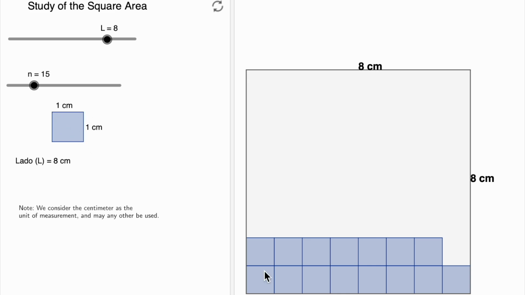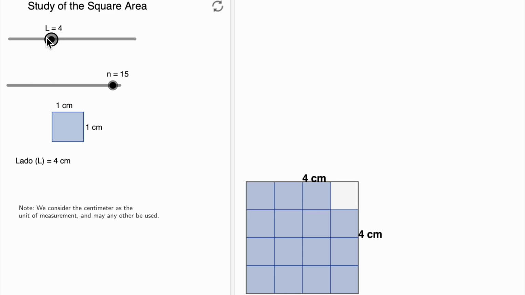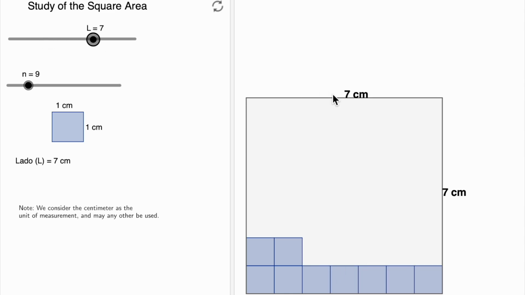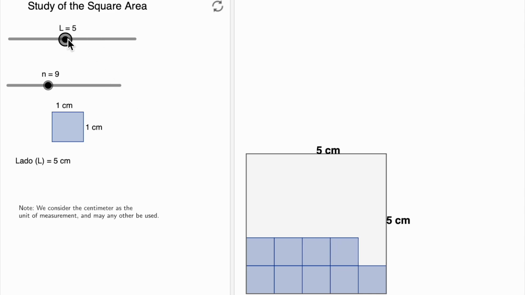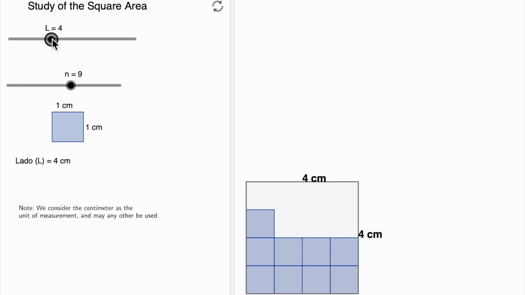Let's see if we can increase these tiny squares. What will be the area? Also, we can easily see that if we decrease the side length of our big square, our area decreases also.